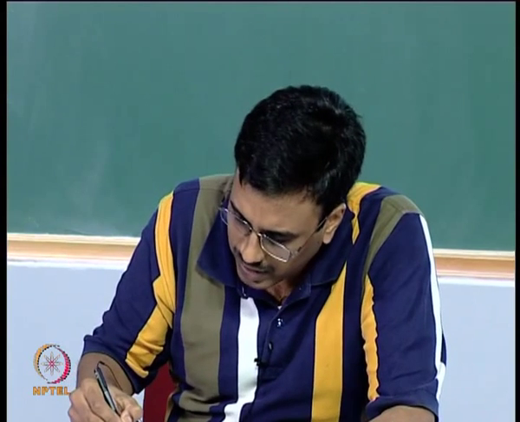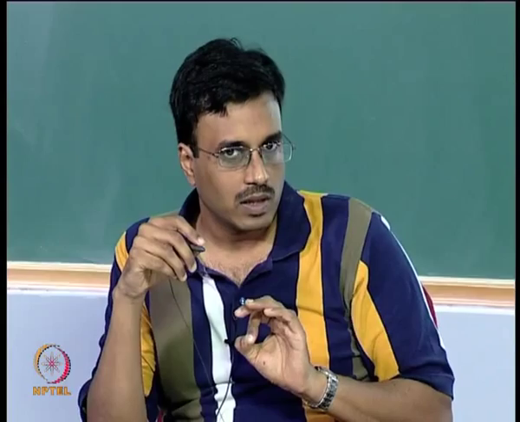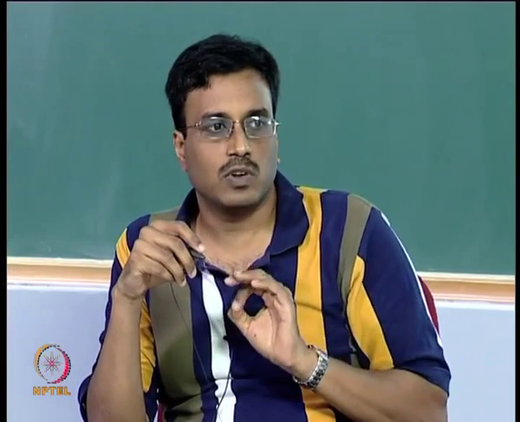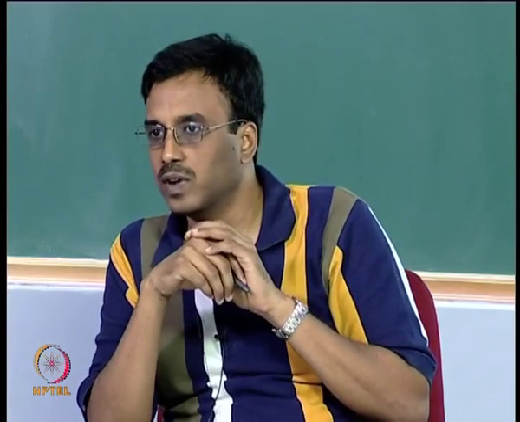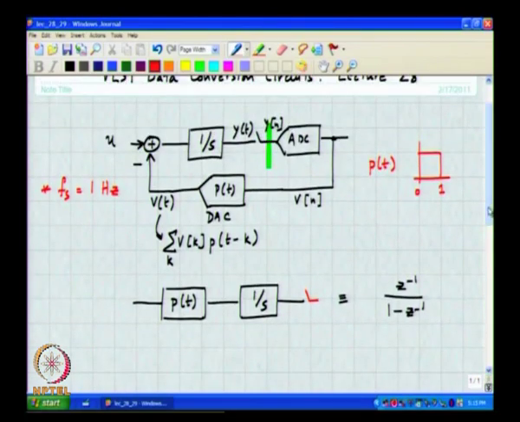So, the basic idea as you can see is to make sure that the samples of the loop filter driven by the DAC pulse must be exactly equal to the impulse response of the loop filter from the port V to Y. You understand?